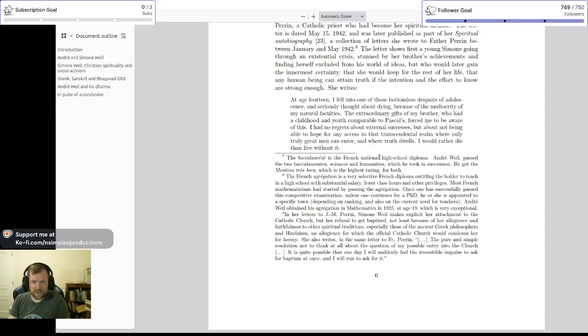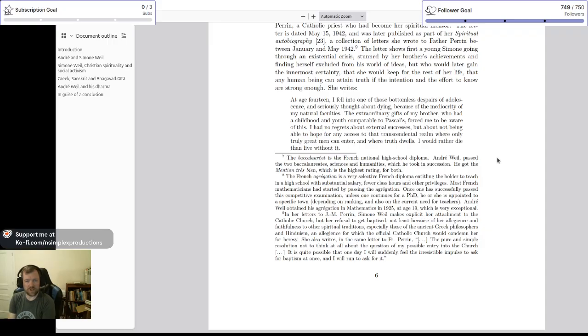Baccalaureate is the French National High School diploma. André Weil passed 2 baccalaureates, sciences and humanities, which he took in succession. He got the mention très bien, which is the highest rating for both. Very well mentioned. The French agrégation is a very selective French diploma entitling the holder to teach in a high school with substantial salary, fewer class hours, and other privileges.